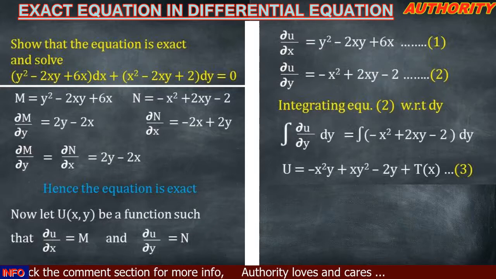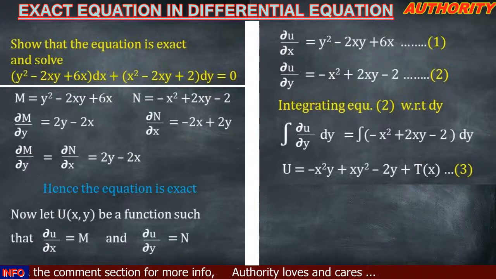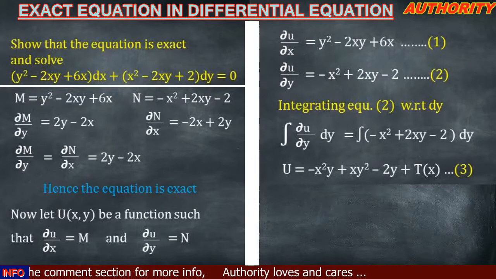And when we integrate the right hand side with respect to y, we're going to have minus x squared y plus xy squared minus 2y plus, we're supposed to have plus c, which is a constant, okay?